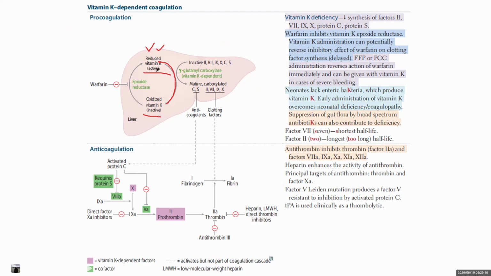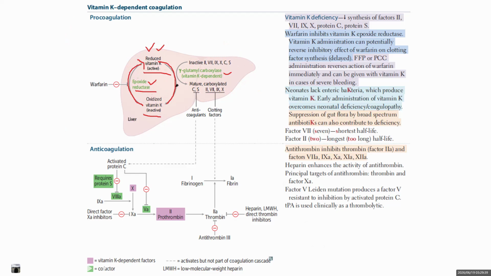But after use, it gets recycled back to the active form with the help of an enzyme known as epoxide reductase. So remember that these two enzymes are absolutely important for the key function of vitamin K inside our liver, right?